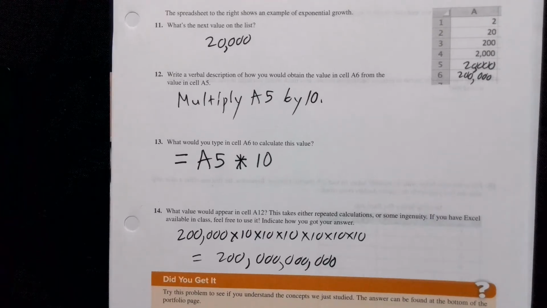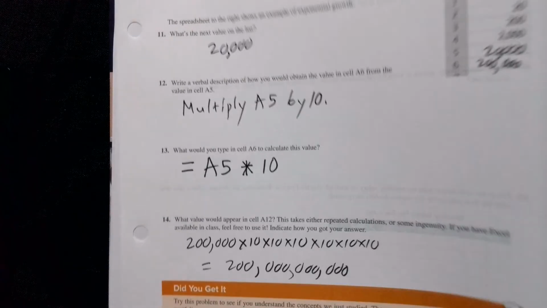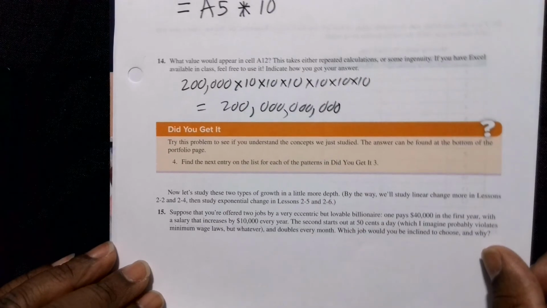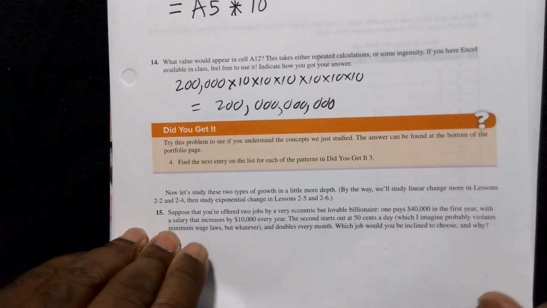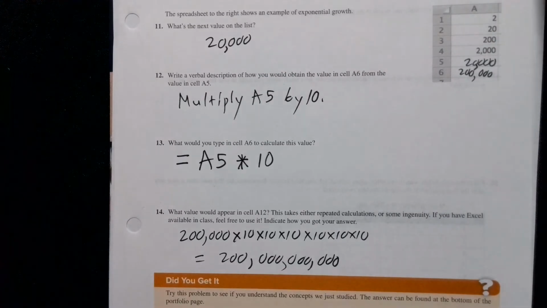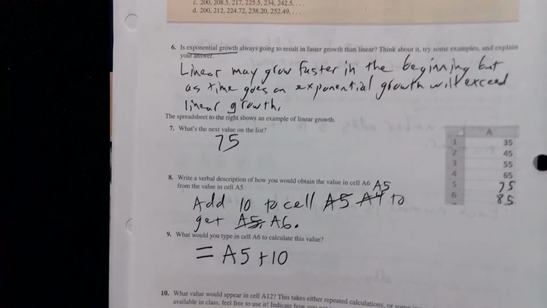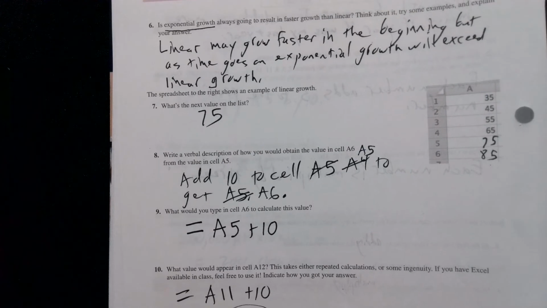Now, for problem 15, it says, now let's study these two types of growth in a little more depth. Oh, by the way, just to go back, when we were back on page 116, this growth here was linear. This was linear growth.